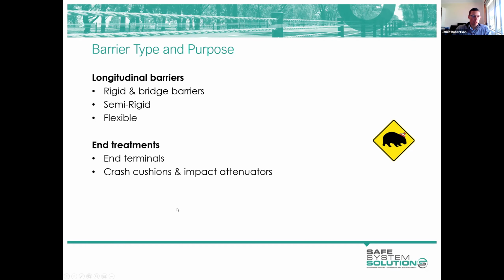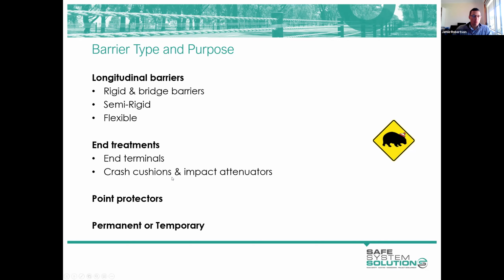Any of those systems needs an appropriate end treatment. That might be in the form of an end terminal that's integrated with the system, or perhaps it's a standalone crash cushion or impact attenuator, which you might see at the end of a concrete system, a rigid system, or perhaps located around a pole, as in the case of a Raptor crash cushion, which probably falls into that point protector category.